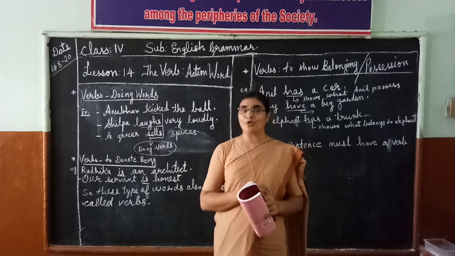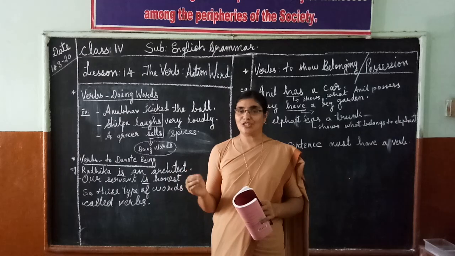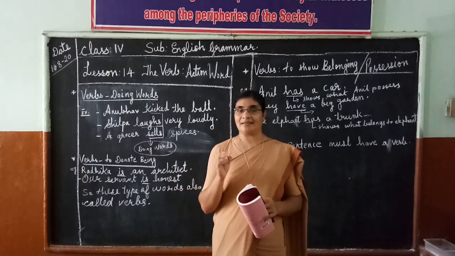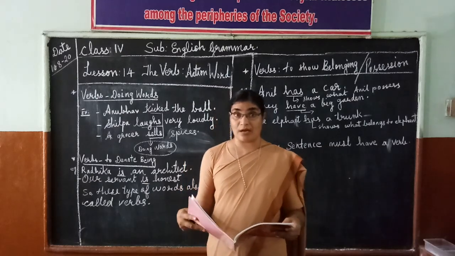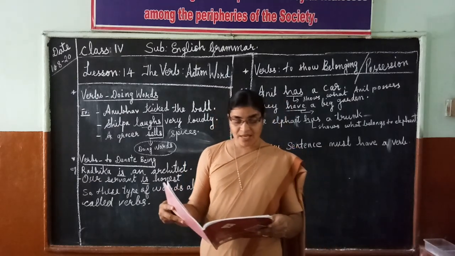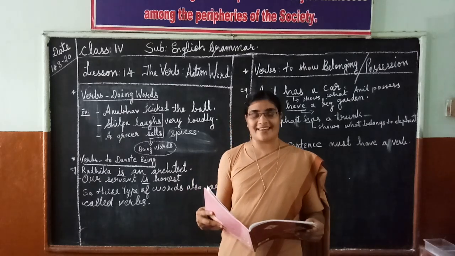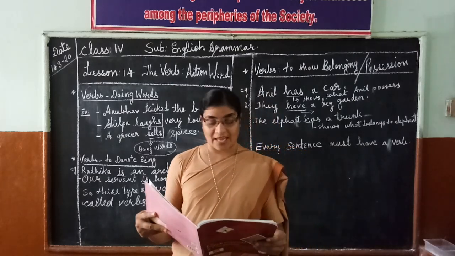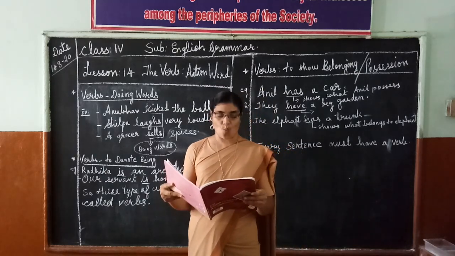What does the peon do? The peon rings the bell. So the action is done by the subject. If you look in the book, in the sentences given on the top, kicked, stitched, laughs, jogs and sells are doing words.